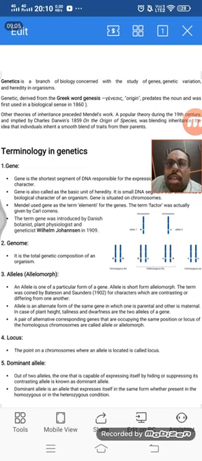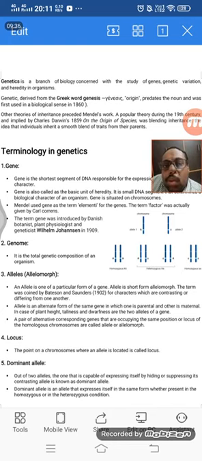Mendel lived in the 1850s, the 19th century. Whatever studies he put forward were not accepted by the scientific community of that time. They said what Mendel was saying was not at all possible, and they rejected his theories.